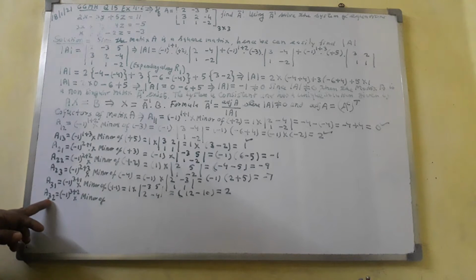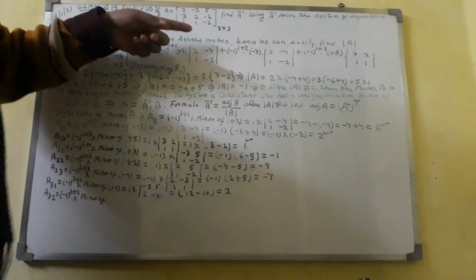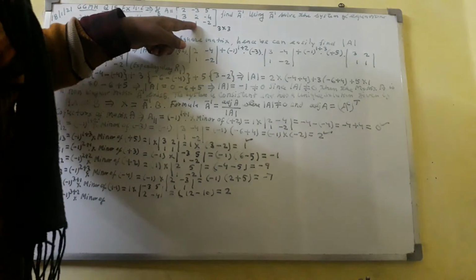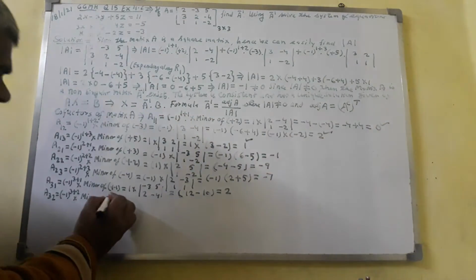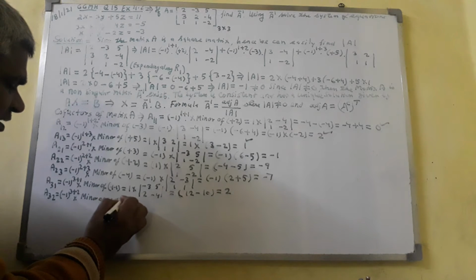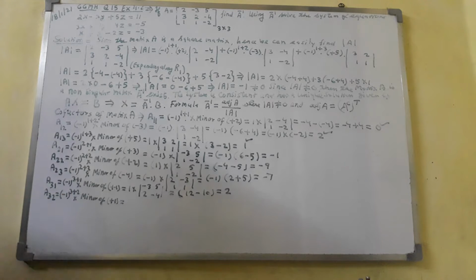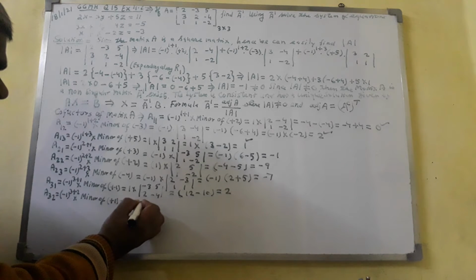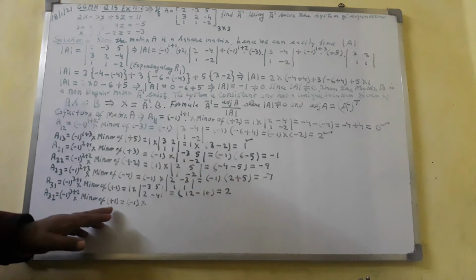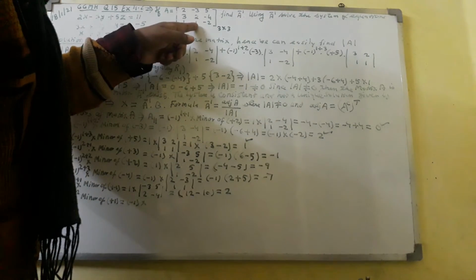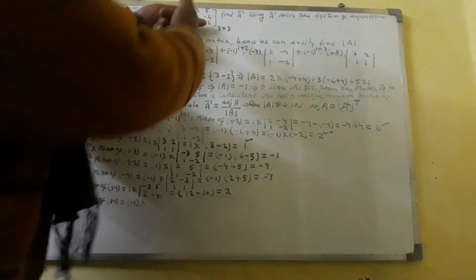A32 means third row, second column. Third row, this one, second column, this one. This element, plus 1. A minor of plus 1 equal to minus 1 raised to the power 5 comes out to here minus 1. And minor of plus 1, A32.